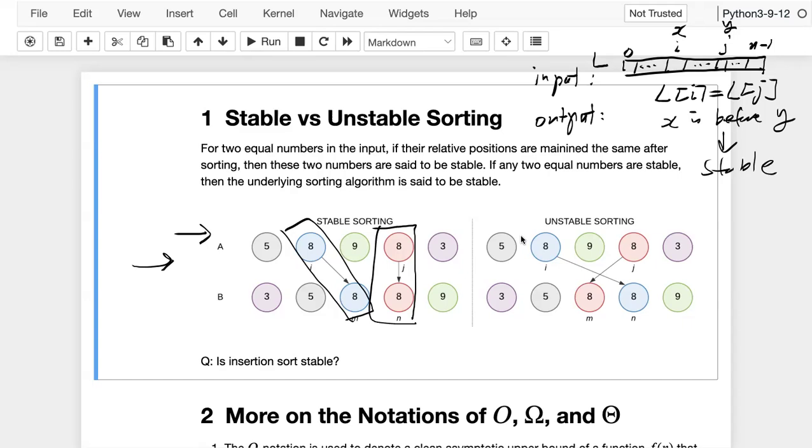Then we know that we can make insertion sort stable using the Python code I gave you last time. So that is stable sorting. That's stable insertion sort.